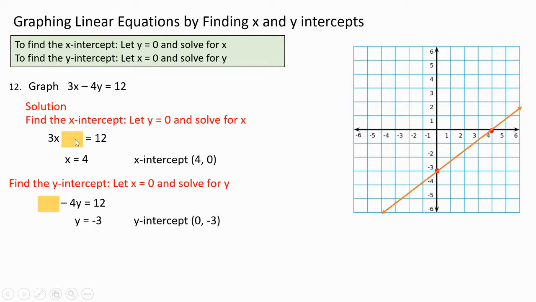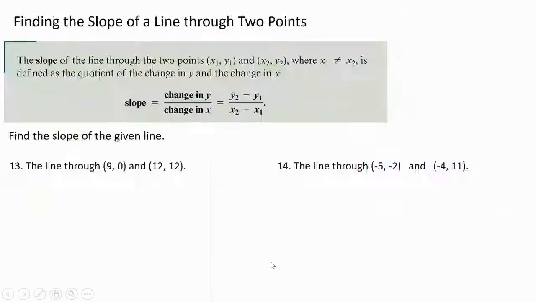So I know you can do the cover for finding the x and y intercept. For example, if this was like 11, this would be real hard to graph that way. So then I would recommend to put it in slope-intercept form, y equals mx plus b, and graph it like that. Okay, now, the next topic is finding the slope of a line through 2 points.